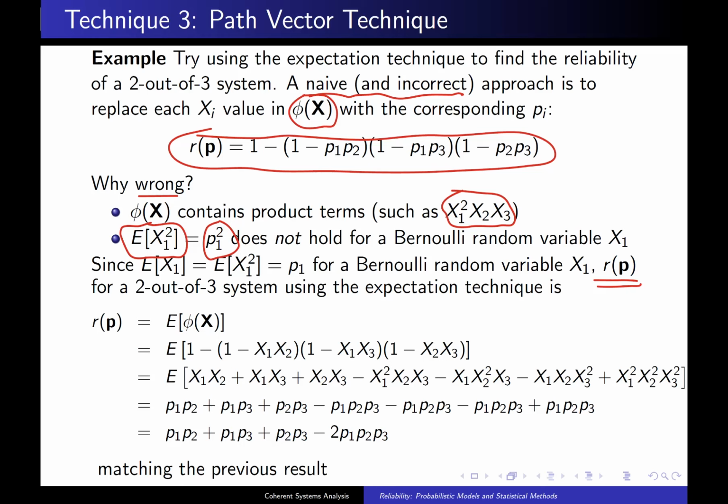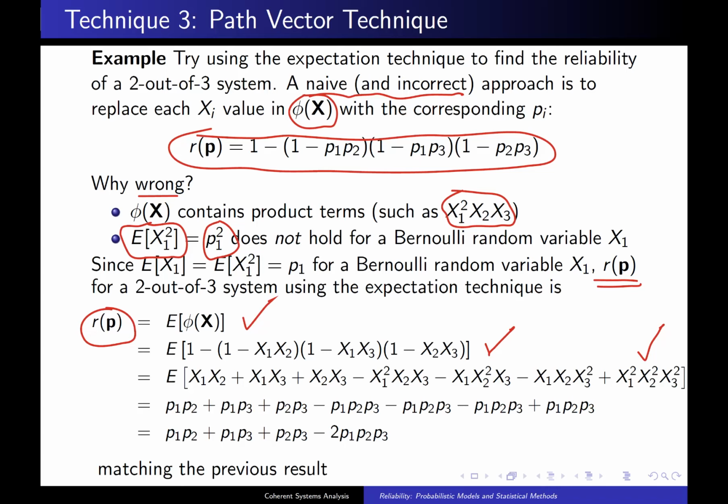Here is the correct solution using the expectation technique, which is technique number 2. It always starts with the first step, which says that the expected value of phi of x is the reliability function. Then you put in phi of x for a 2 out of 3 system, and that's this step. The third step, you multiply that complicated looking function out, and when you do, you get this long series of expected values.